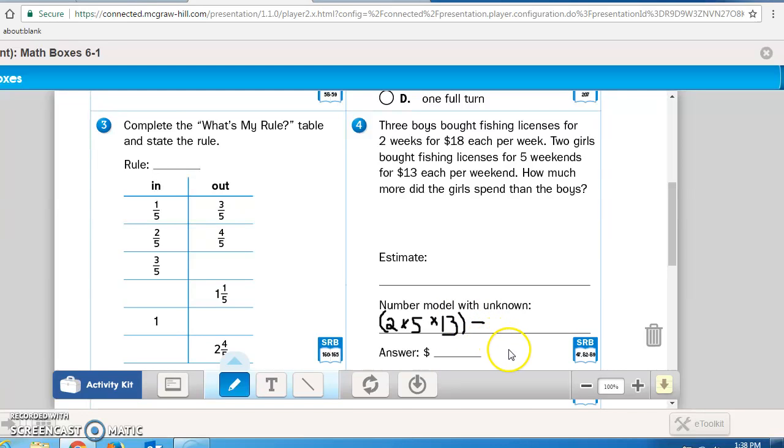That answer is going to help me solve when 3 boys bought licenses for 2 weeks for $18. How much more did the girls spend than the boys? That's going to be my unknown, which I'm going to label letter C. Please pause the recording now and finish Math Box 4.